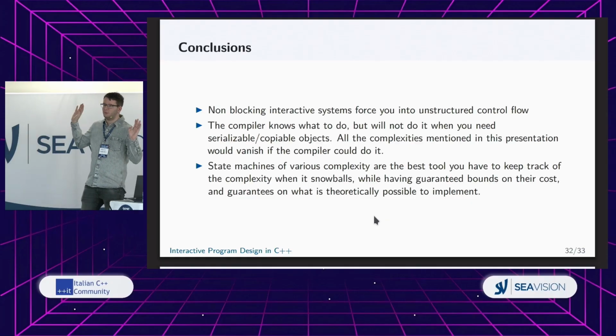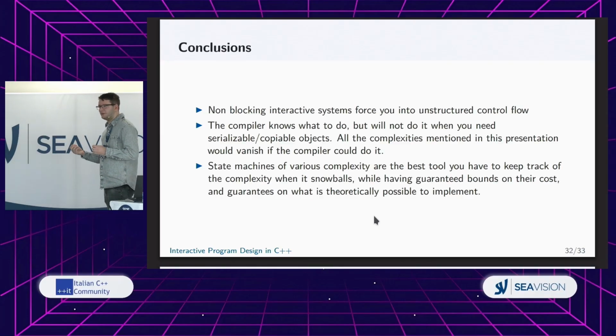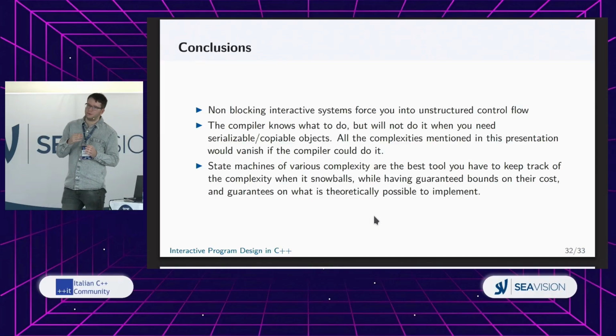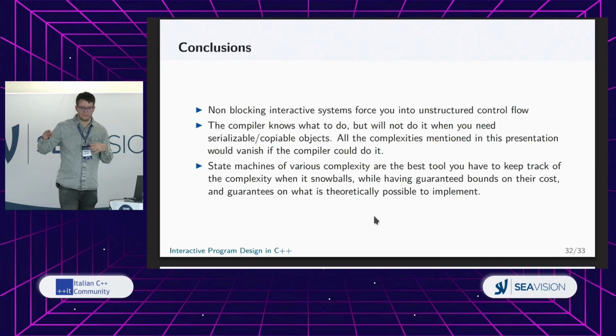You would not need to think about this any day of the week, and I would be very happy if that was the case. And if you are in that unfortunate situation in which you need these features, and you want to have theoretical guarantees that you will not have to rewrite the system, then you need state machines of various complexity.